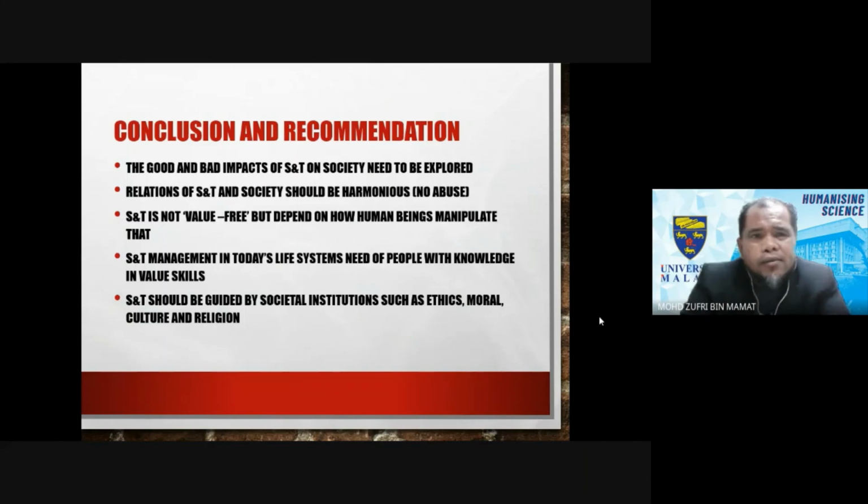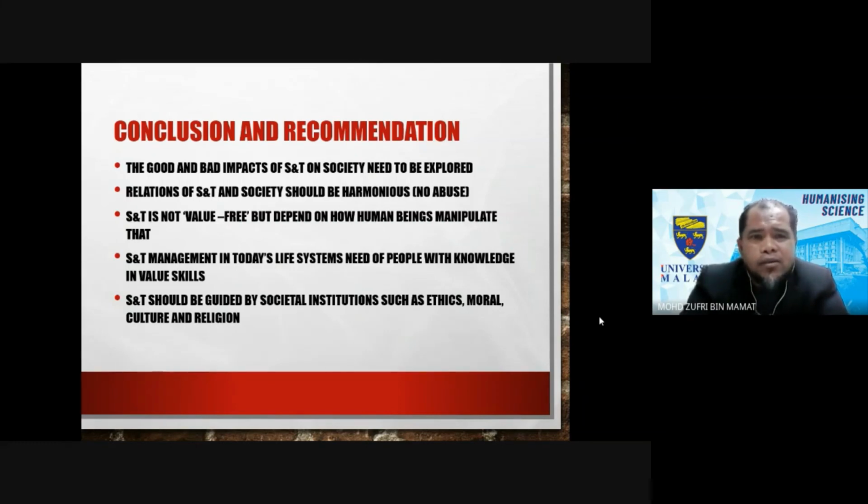Okay, so for the conclusion and recommendation, the good and bad impact of science and technology on society need to be explored. The relation of science and technology and society should be harmonized so there is no abuse of science and technology, and of course to the society.